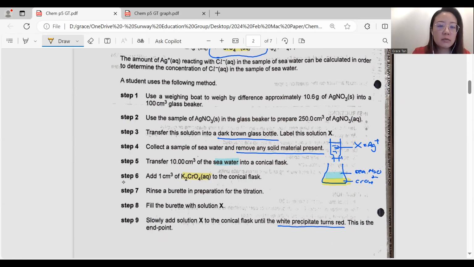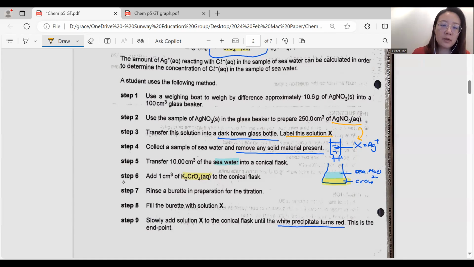Number 3, transfer this solution into a dark brown glass bottle. Label this as X in the dark brown glass bottle. All right, so your solution X is your silver nitrate solution.